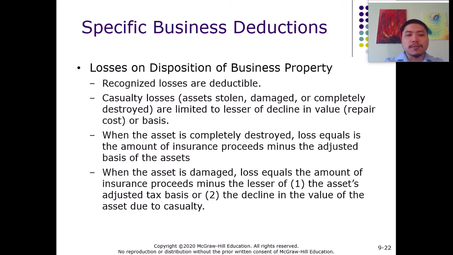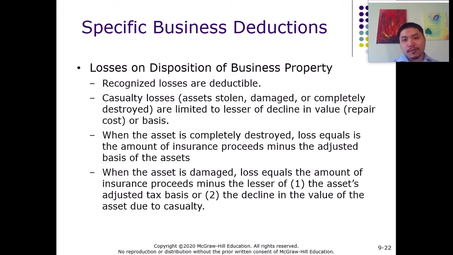What about the case of casualty loss? That is when the asset is stolen, damaged, or completely destroyed by someone or by natural disaster. For the case where the asset is completely destroyed, the deductible amount of loss is equal to the amount of insurance proceeds minus the adjusted basis of the asset.